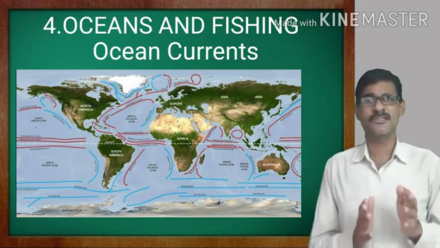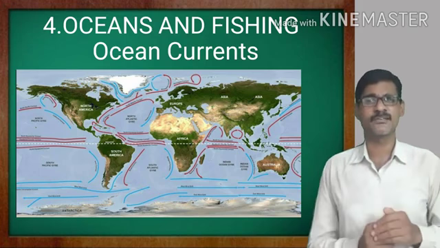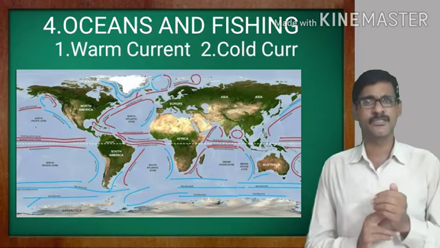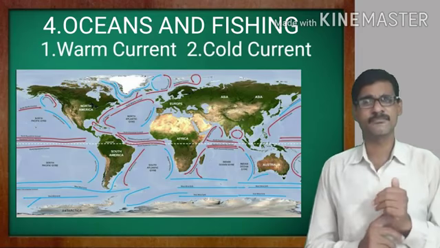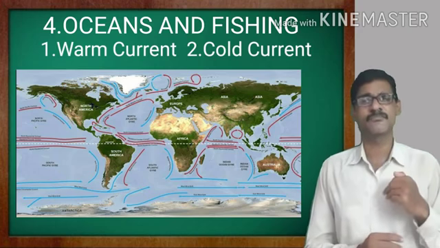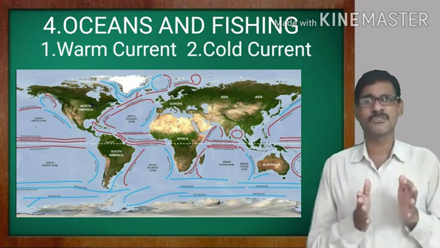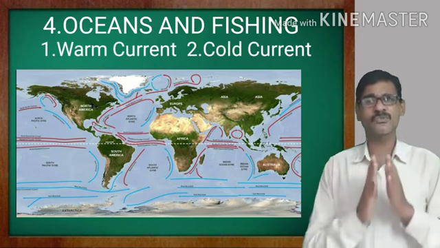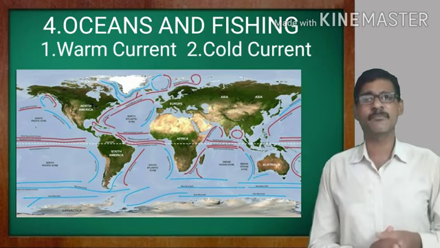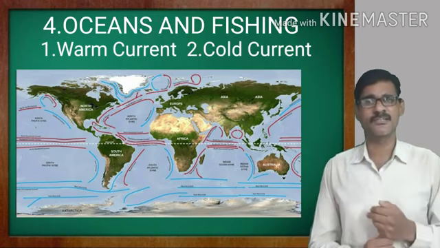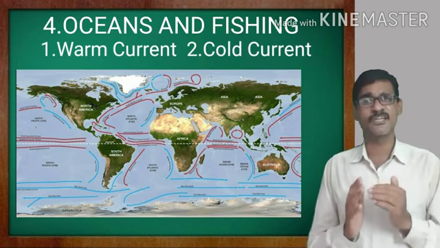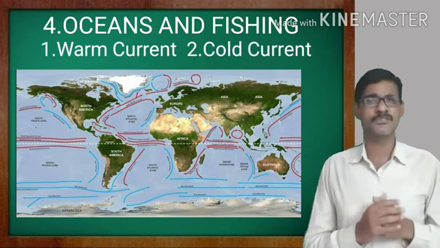These currents are divided into two categories: warm currents and cold currents. Warm currents are warm streams. They move from the equatorial regions to the polar regions. You know, high temperatures are there in the equatorial region. Due to that, this warm water flows towards the poles.